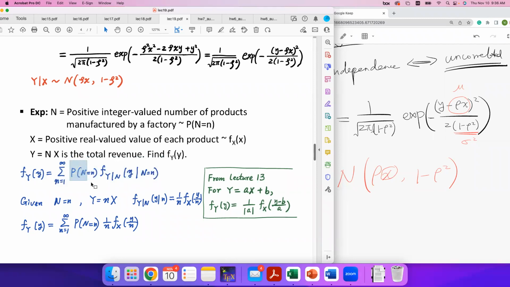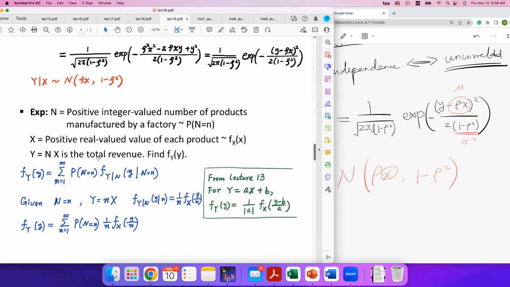So depending on how many products the factory manufactured, this is the probability of capital N equals small n. So basically, under this probability, we are looking at the case where there are only small n number of products.